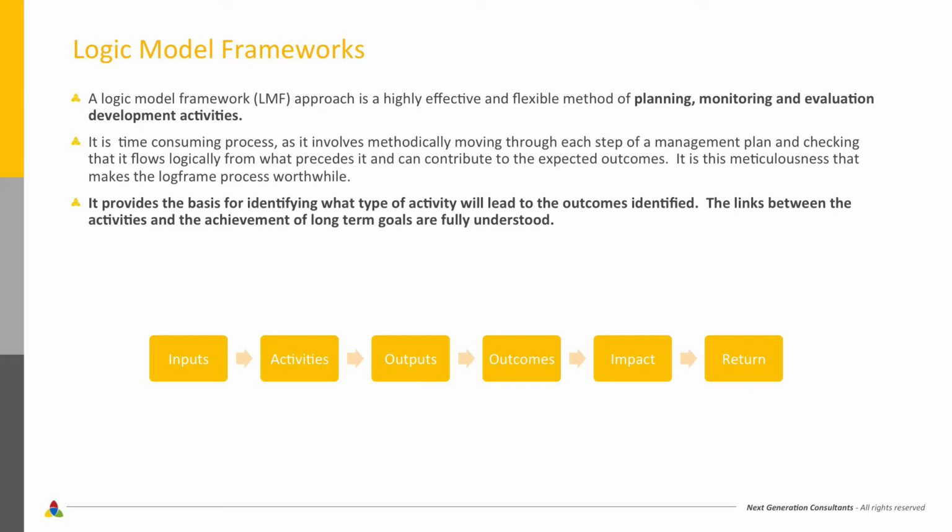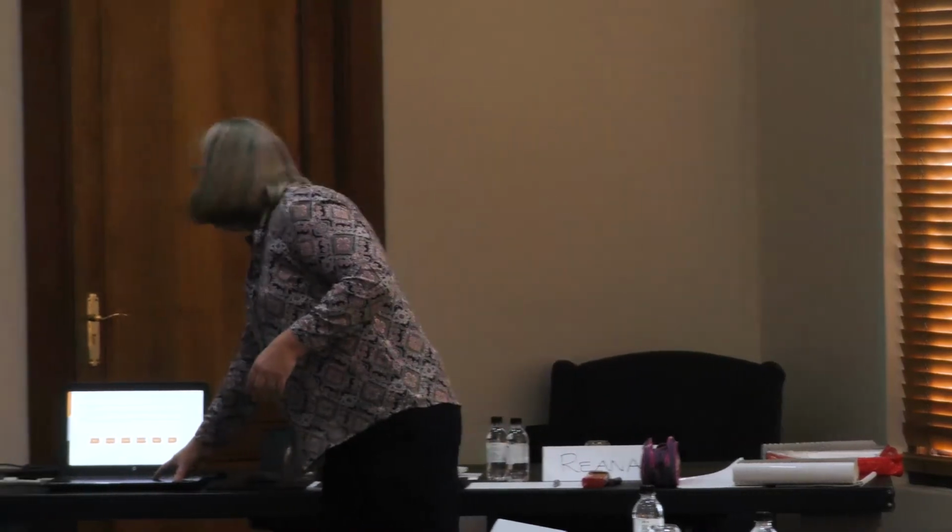So the purpose of a logic model framework is it's a methodology to help with planning, to help with monitoring, to help with evaluation. It provides the basis for identifying what kind of activity, what kind of indicators to affect that change.